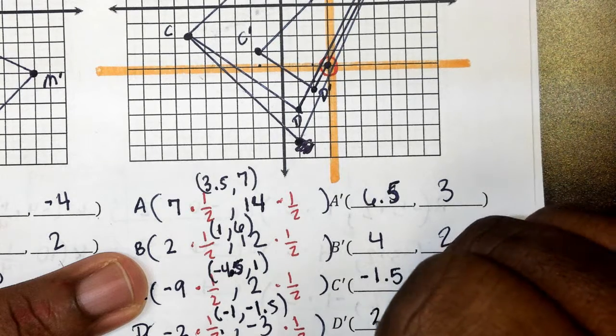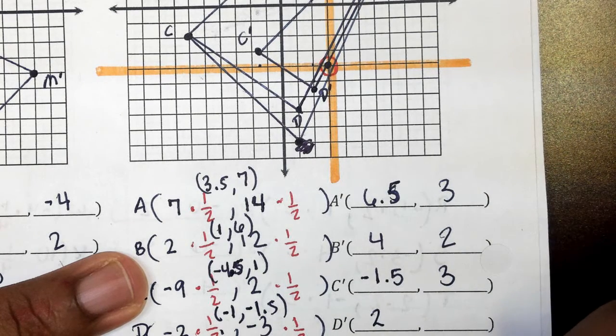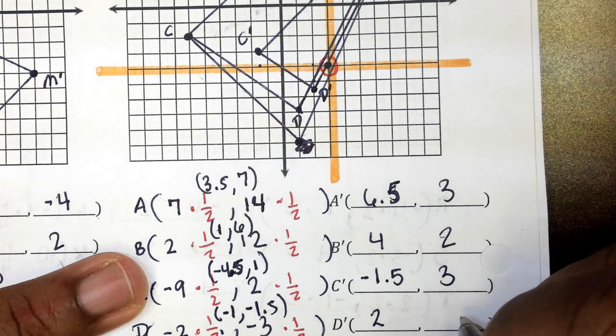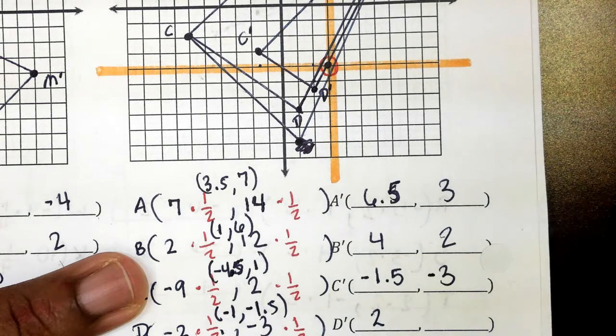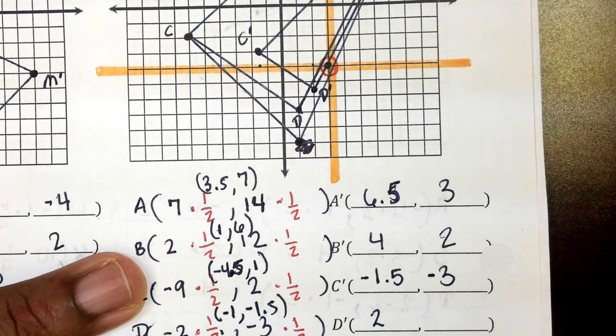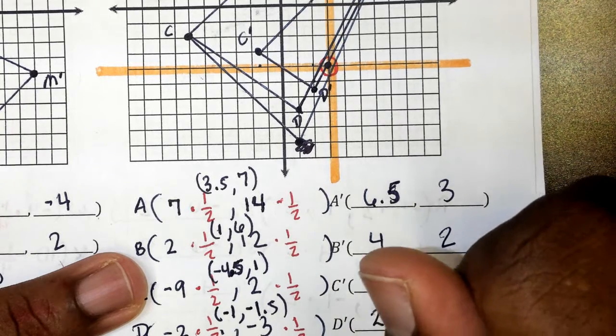I agree with it, 2. 2 what? Oh yeah, negative 3. Yeah. Y'all still ain't gave me D though. Thank you. Negative 5.5.